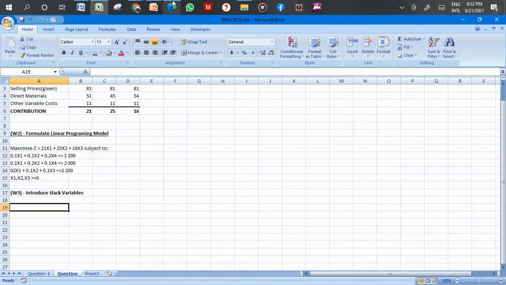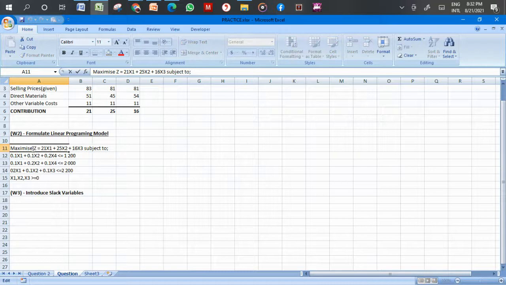Those ones are represented by the slack variables. So when we say maximize contribution, this one we can express as this one.